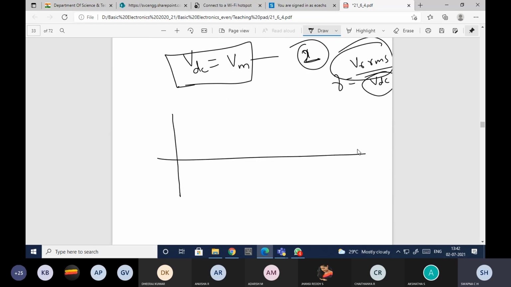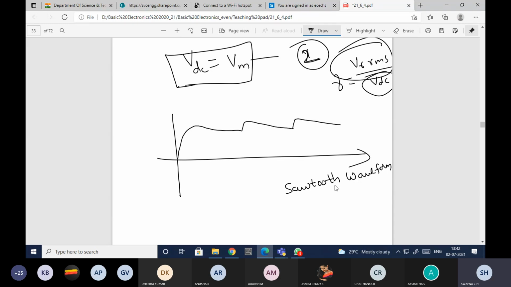So let me consider the signal band. This is how it is. If you observe the waveform, it looks like a sawtooth waveform. Have you heard about the sawtooth waveform?